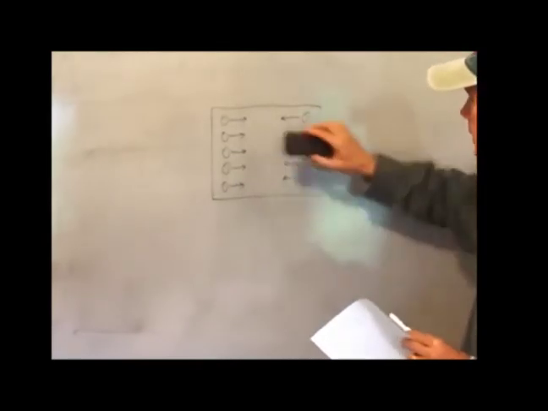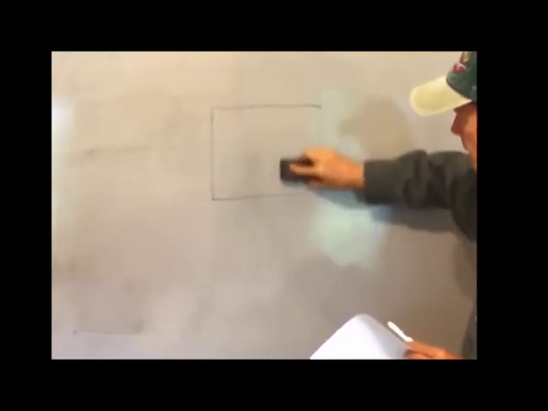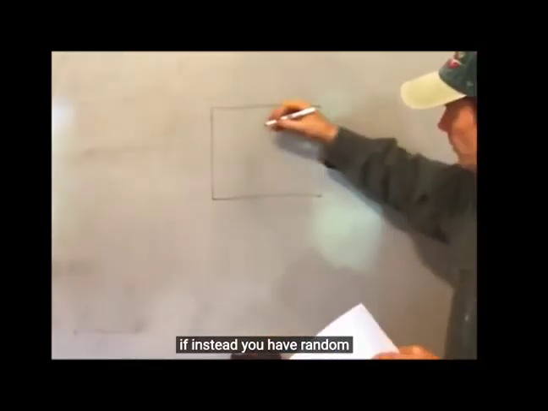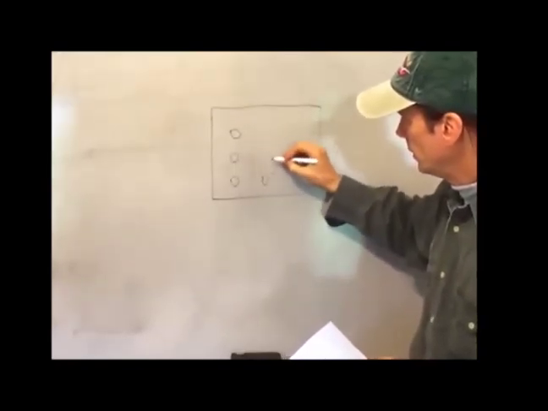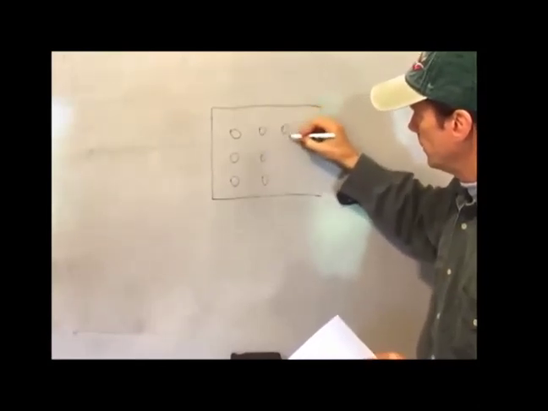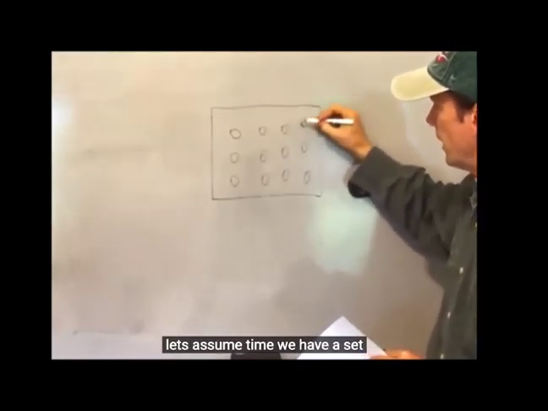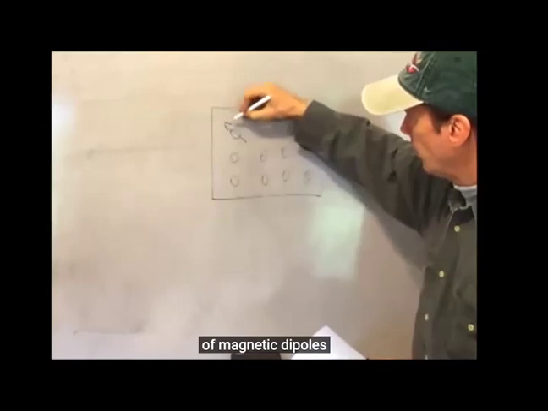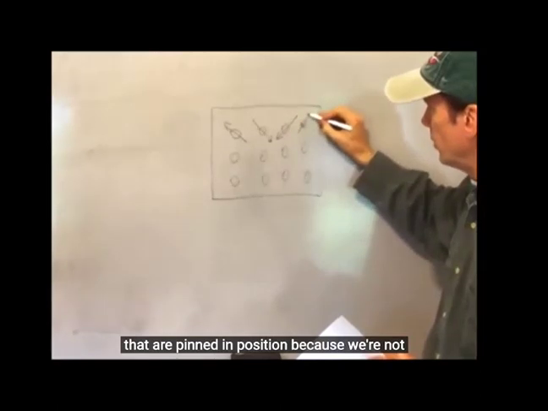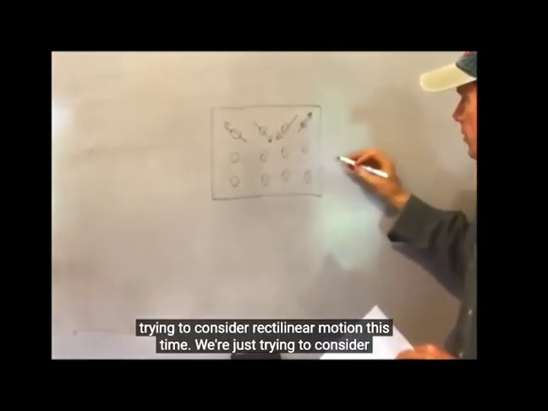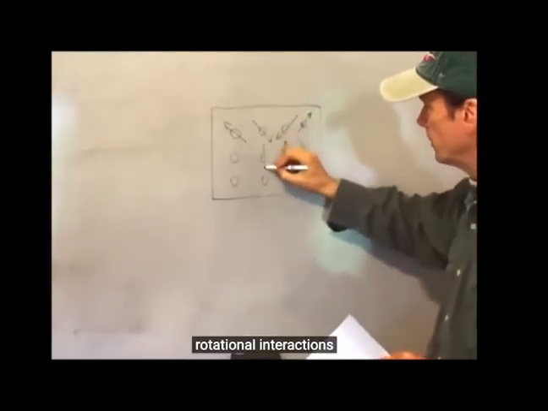So now, I talked about this before, just review. If instead you have random rotational motions, let's assume this time we have a set of magnetic dipoles that are pinned in position, because we're not trying to consider rectilinear motion this time, we're just trying to consider rotational interactions.